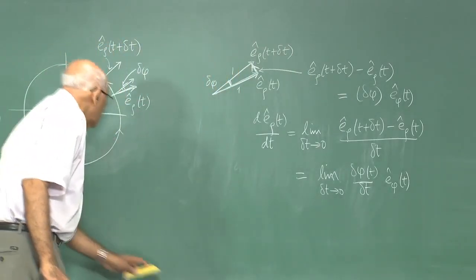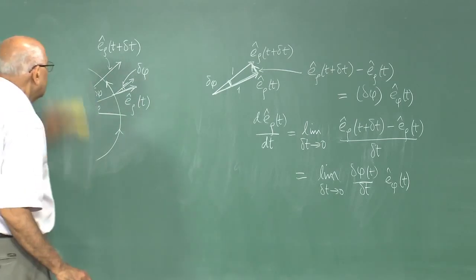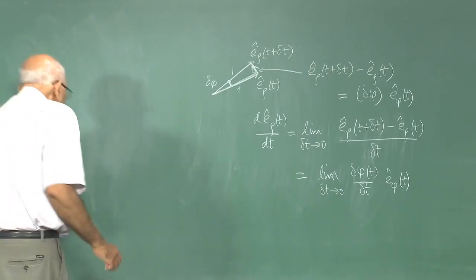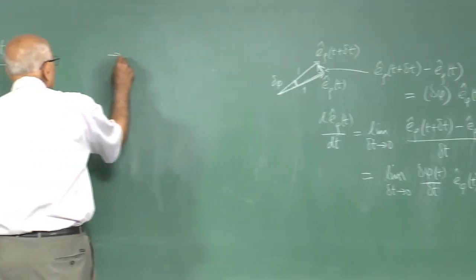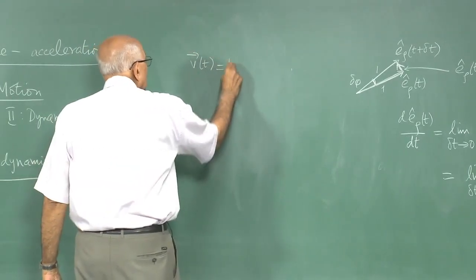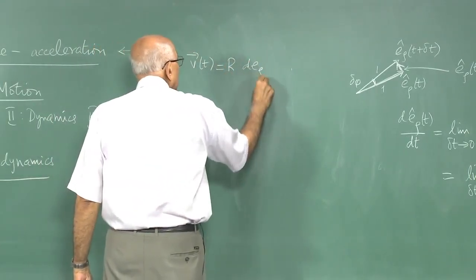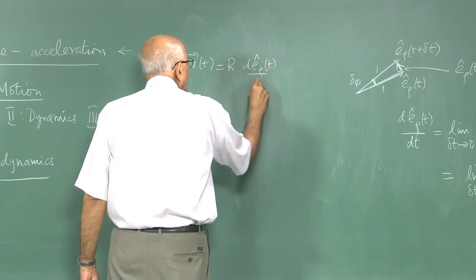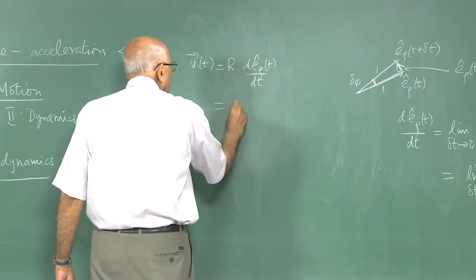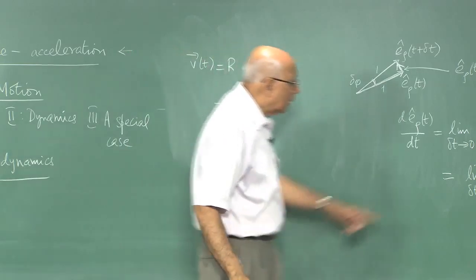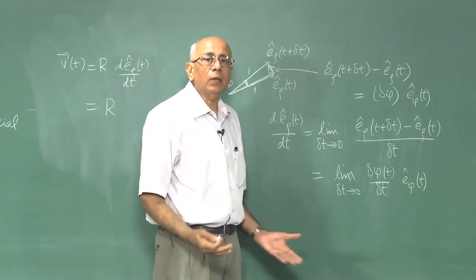So this tells us that the velocity v at time t, which was equal to r times d E rho over dt, is equal to r times the limit of this quantity, which is the angular speed.